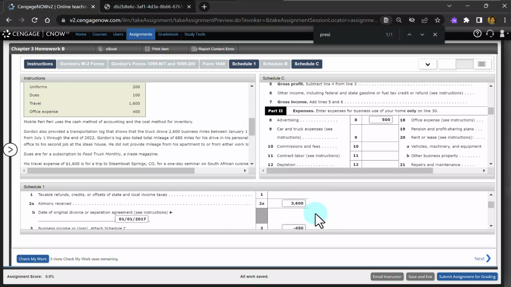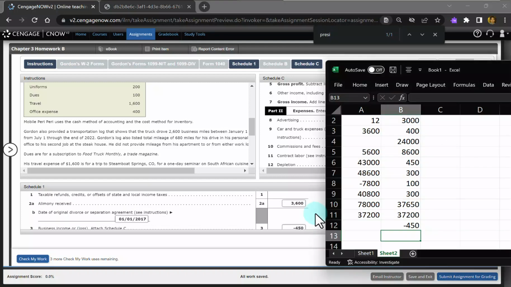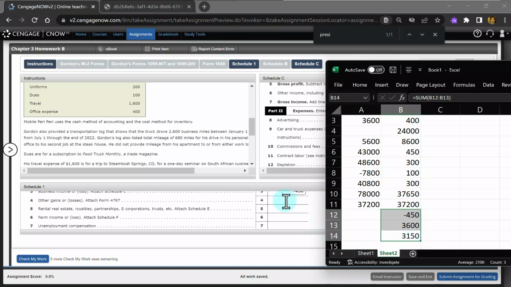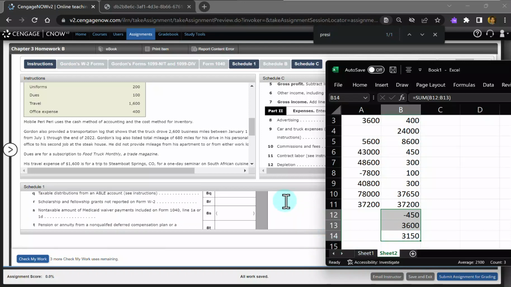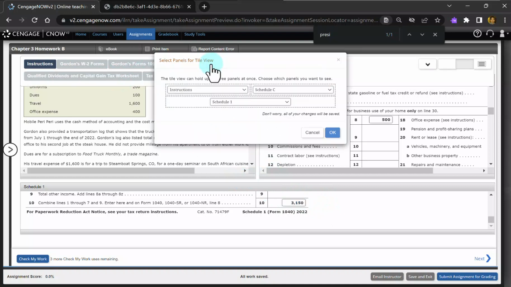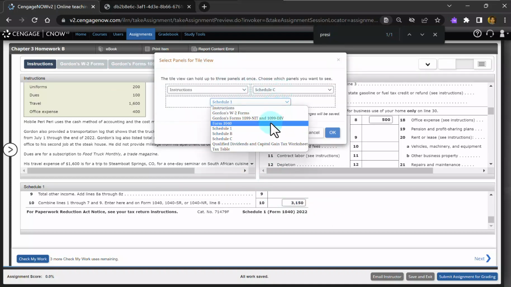And I need to combine the two. 3,600 alimony. So the total of those two numbers, 3,150. 3,150 at the bottom of schedule 1 and re-entered on the 1040 form.